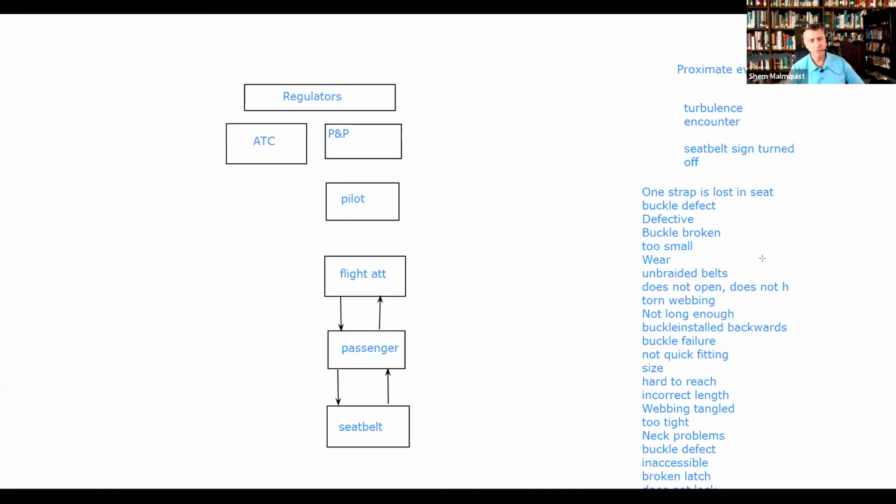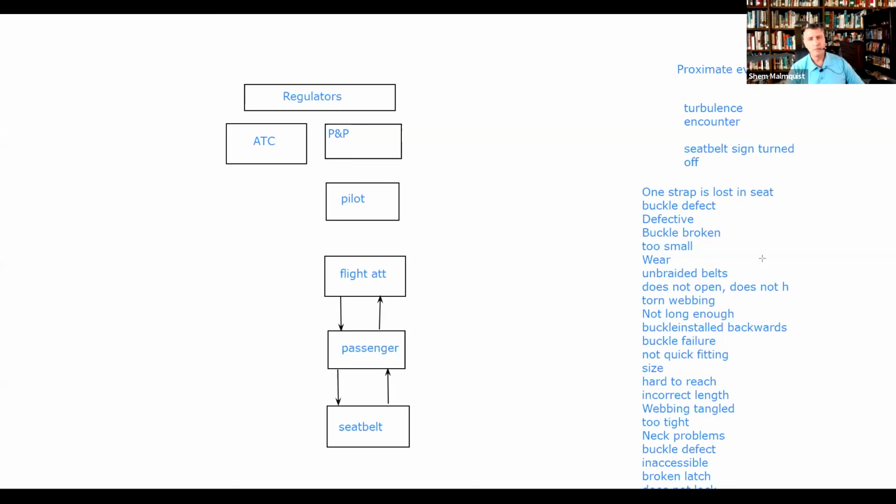So the passenger, reasons that they might have not fastened their seatbelt in the first place could be as simple as they were just trying to sleep, or they were trying to be relaxed, or they went back and they sat down. Now all of the airlines do have an announcement that they make when turning off the seatbelt sign to remind people to keep them fastened while en route.